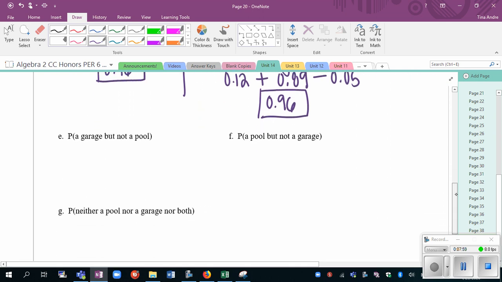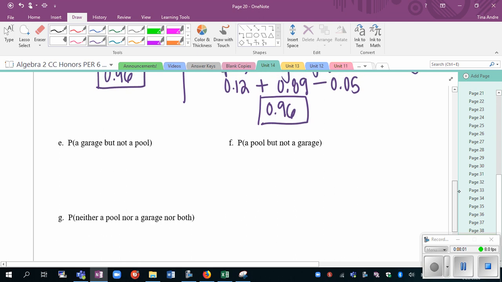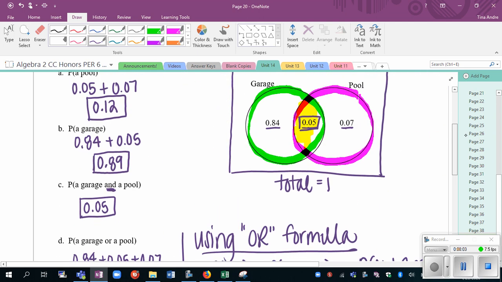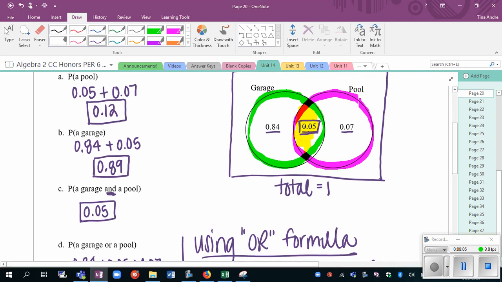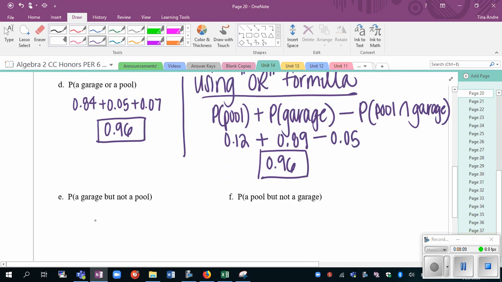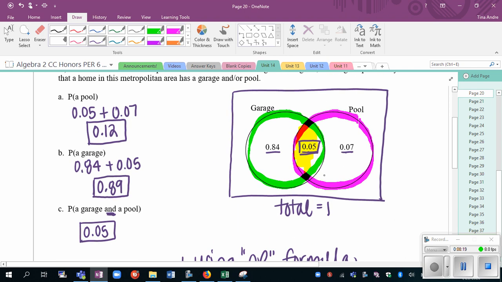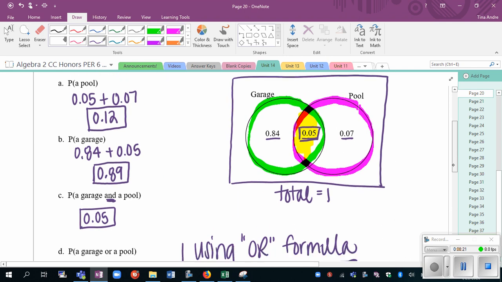So let's continue. Probability of a garage but not a pool. That means a garage not intersecting with a pool, so that's going to be the 0.84. Let me read this again. Probability of a pool but not a garage. So now I'm in the pool, not a garage, so 0.07.